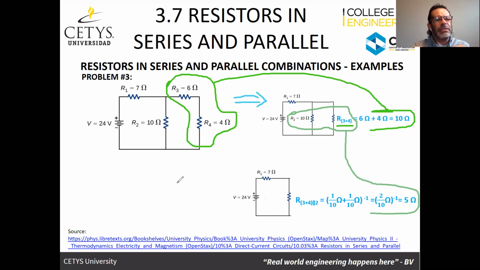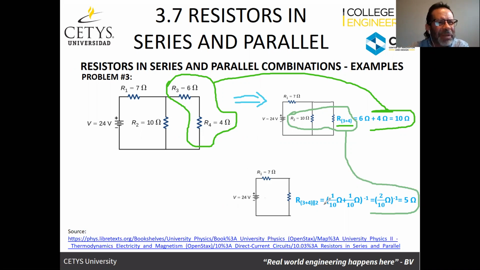By the way, this nomenclature that I'm using is just because I want to use it. You could actually name the resistors however you want. You could have called this one R5 or RN, however you want.